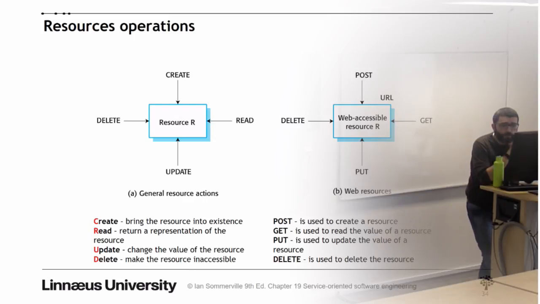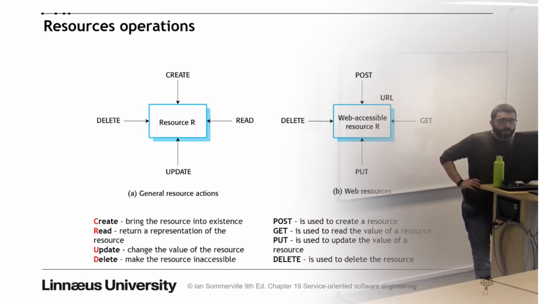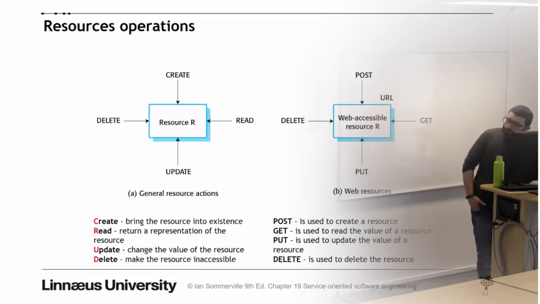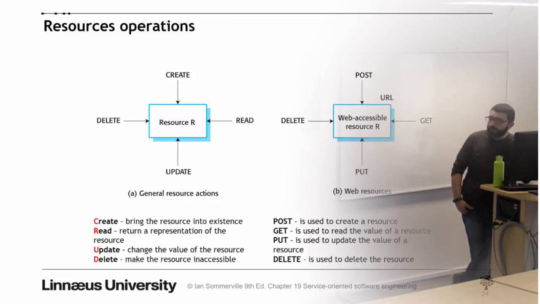Okay. In order to create a resource, we use POST, in HTTP terms. In order to read the resource, we use the GET method implemented by HTTP, and then we have PUT for the update and DELETE for delete. Okay, and by means of these 4 methods, we can create very complex systems.